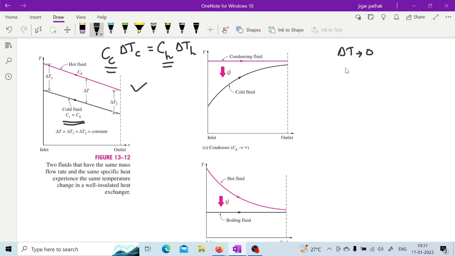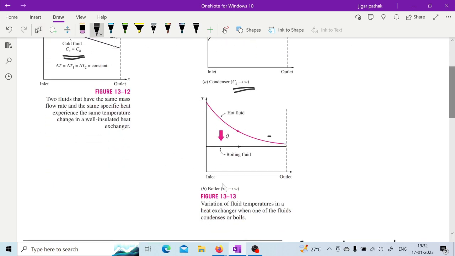In the case of a condensing fluid, the hot fluid remains at the same temperature, so for it the heat capacity goes to infinity because its temperature does not vary. Similarly for boiling, the hot fluid rejects heat but the cold fluid remains at the same temperature, so in that case Cc is infinity, as you can see here.